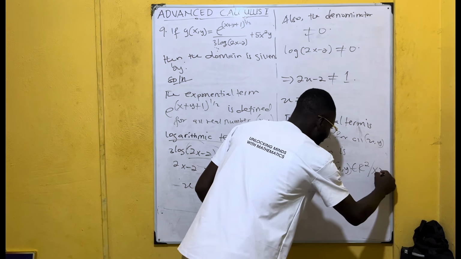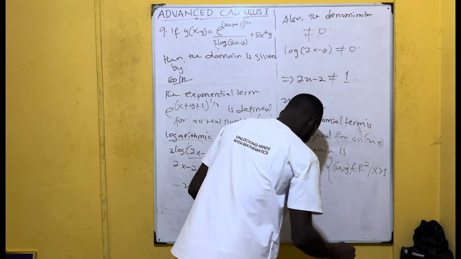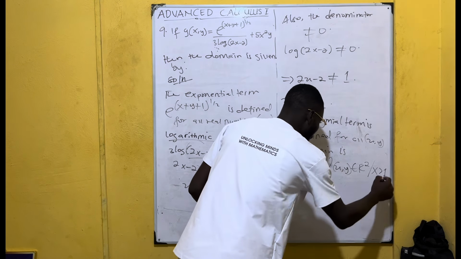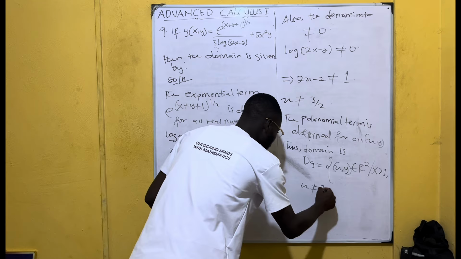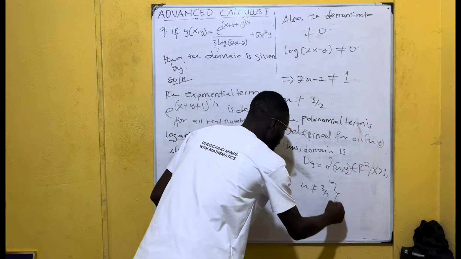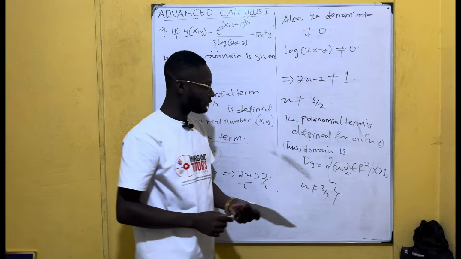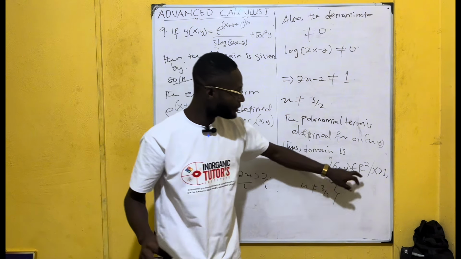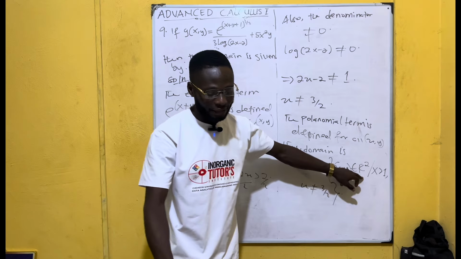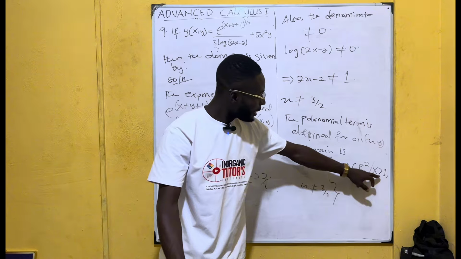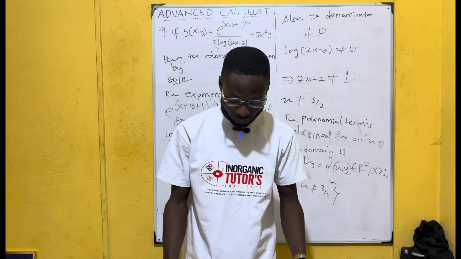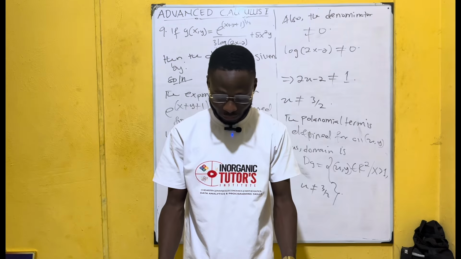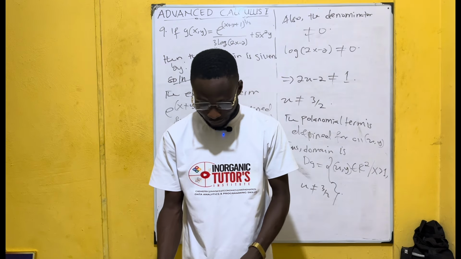Excluding x greater than 1, or x should not be equal to 3 on 2. So this symbol means that we are excluding x to be greater than 1, right?